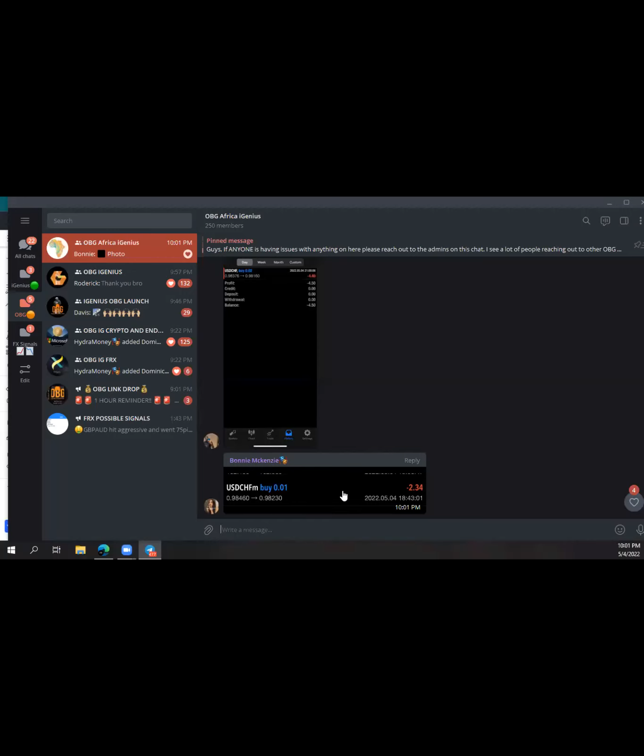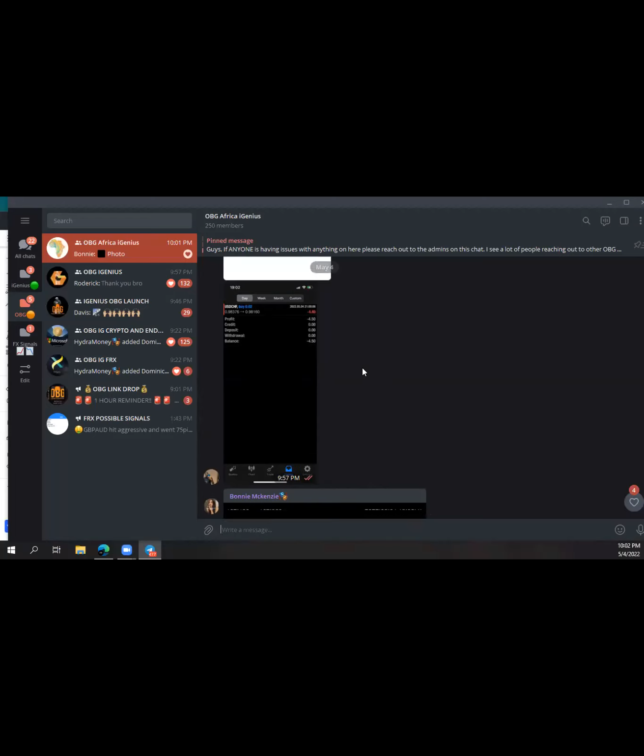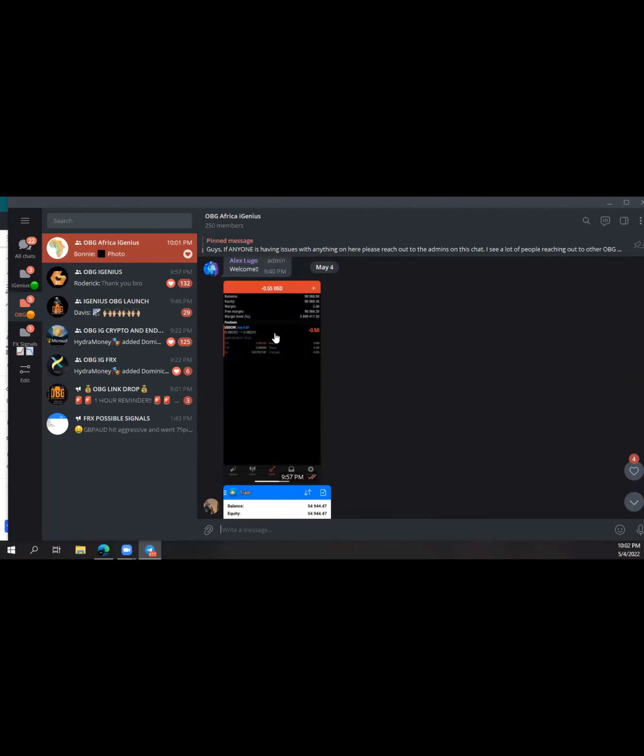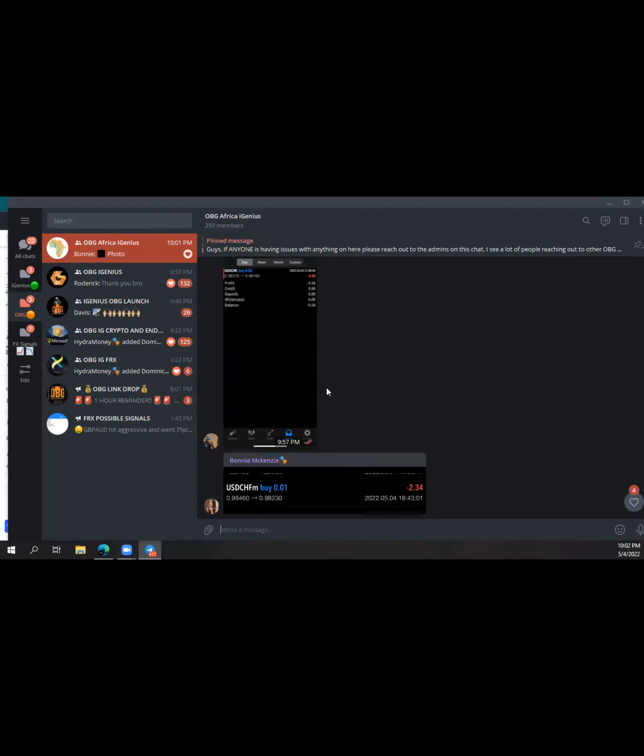The only reason this trade would activate, I think, is that probably you set it when the candle shot up or something. I don't really know why this trade activated. Who else is this? FXW activated, right?